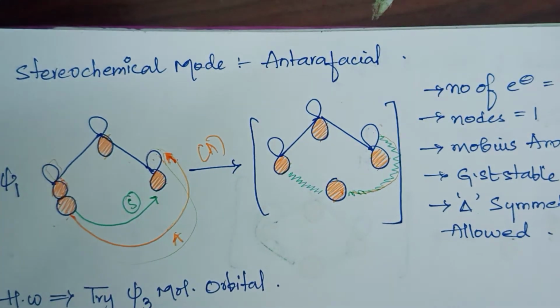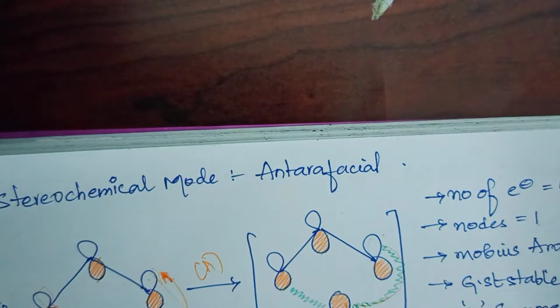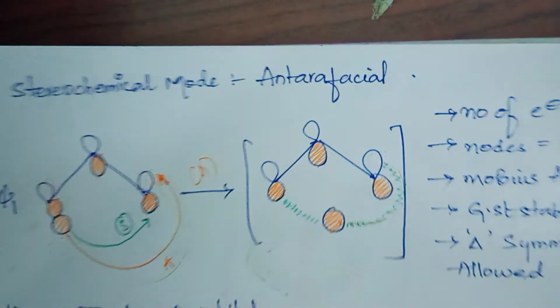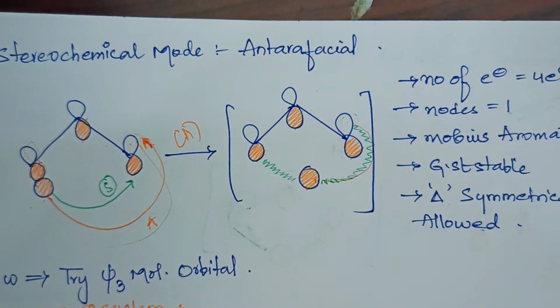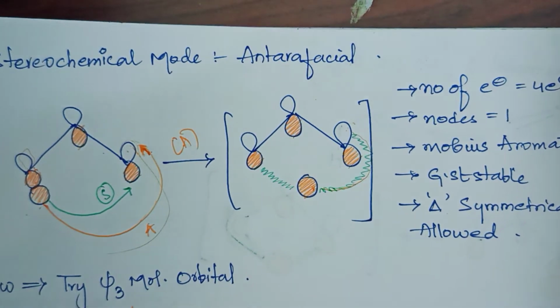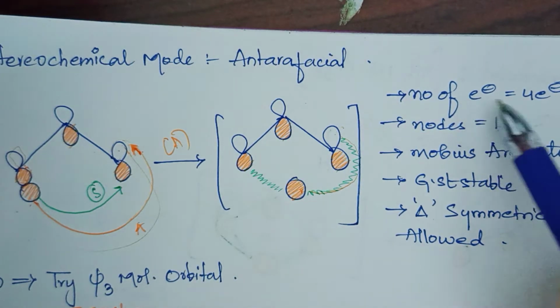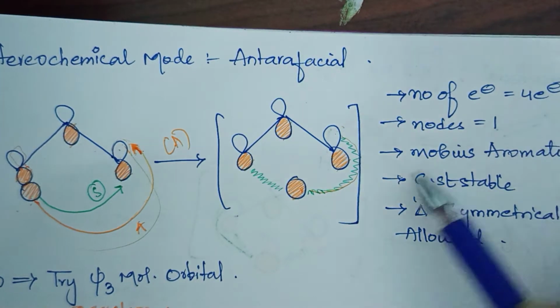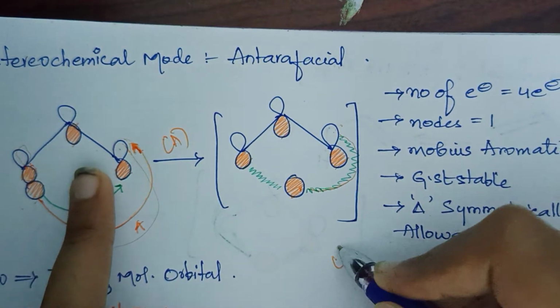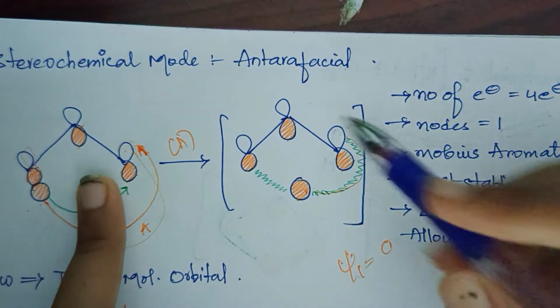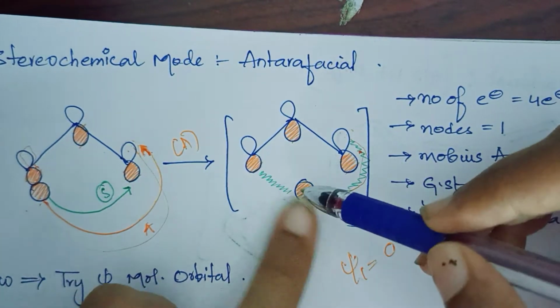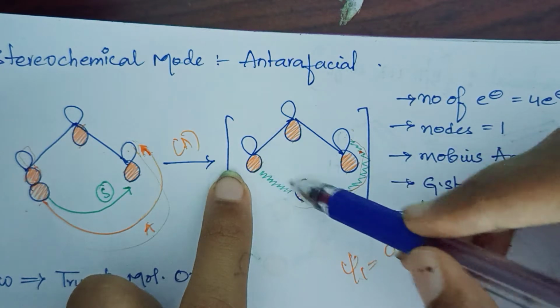And now we see the number of electrons participating. The number of electrons which are participating are 4n, and when you see the number of nodes, generally Xi1 will have 0 nodes. In the suprafacial mode, shaded overlaps with shaded, so a node is not formed.